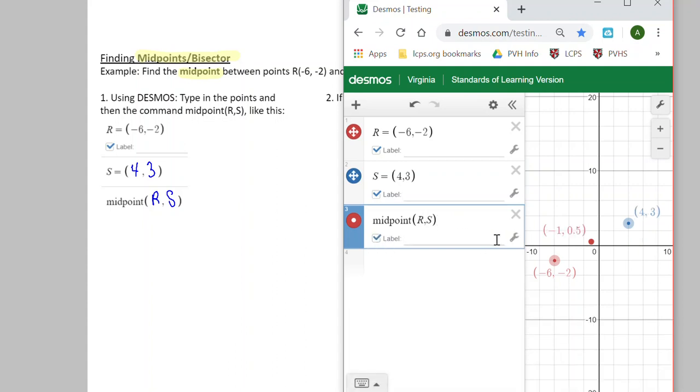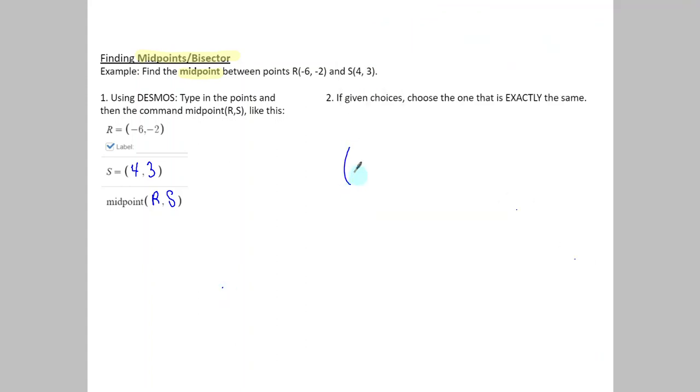Notice this time it doesn't show me the answer here, but it shows me the answer on the graph. And I can tell that that point certainly is in the middle between these 2 points that I labeled up here, R and S. I have my answer, -1 and 0.5. I write it as an ordered pair, (-1, 0.5).